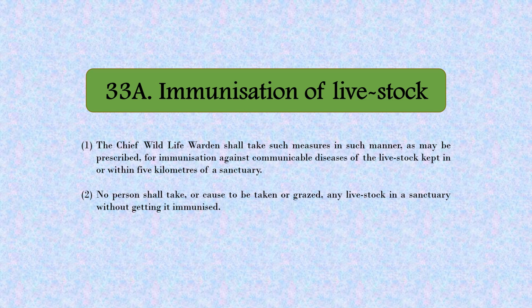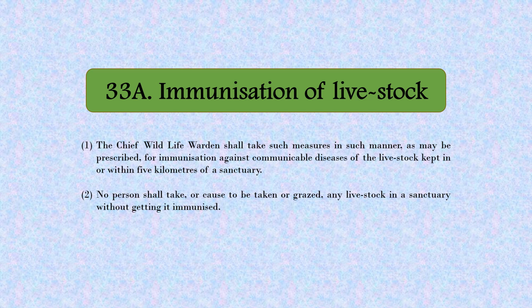So there is a chance of transmission of communicable diseases between the cattle and the wildlife found inside the sanctuary. So it is the duty of the chief wildlife warden to take measures such as immunization of the livestock nearby the sanctuaries.